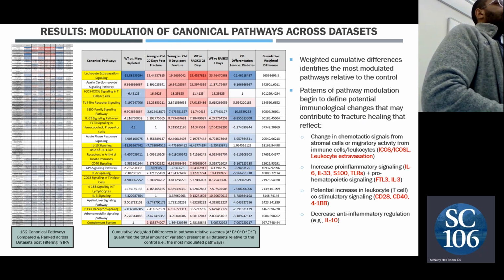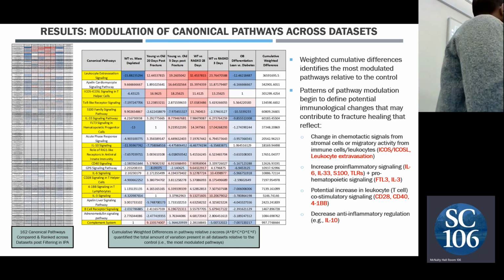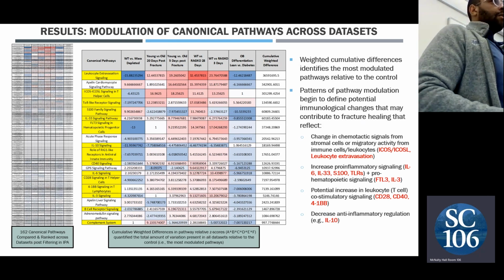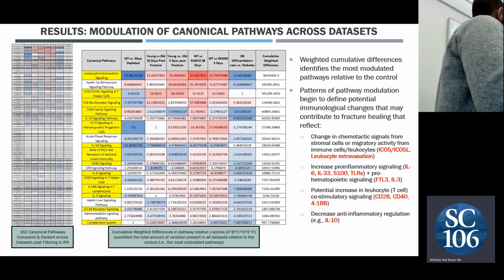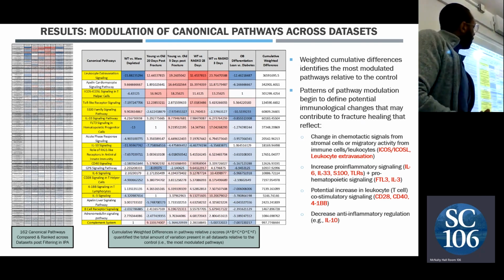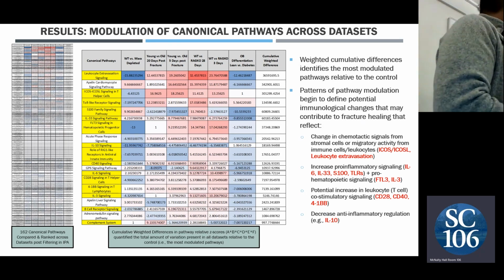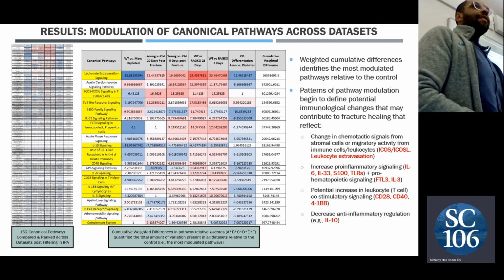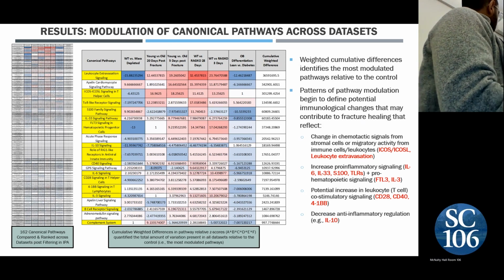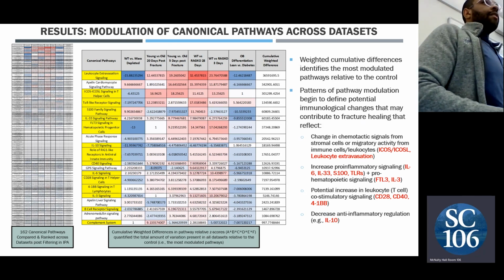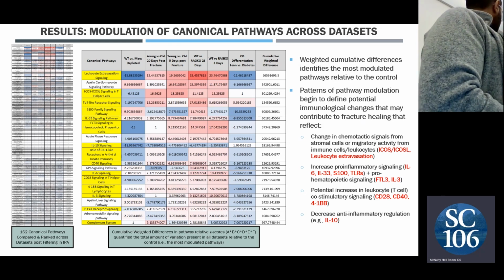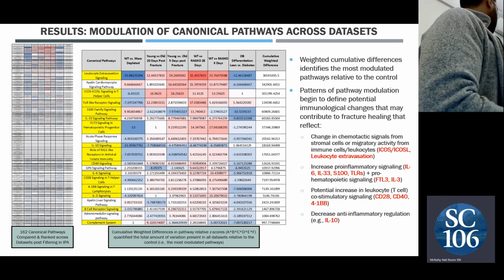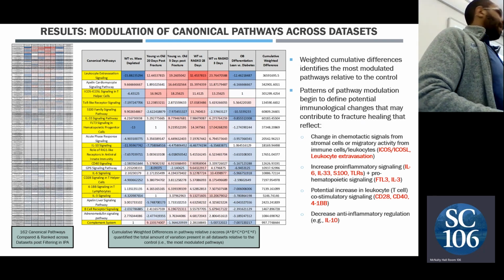Namely, changes in chemotactic signals, the ability of leukocytes to migrate to the fracture and or the stromal cells at the fracture site to produce chemotactic factors that cause leukocytes to migrate, increase in pro-inflammatory signaling through IL-6, IL-33, S100 peptides and toll-like receptors, as well as increases in leukocyte co-stimulatory signaling, namely through CD28, CD40, and 4-1BB, as well as a global general decrease in anti-inflammatory signals mediated by IL-10.